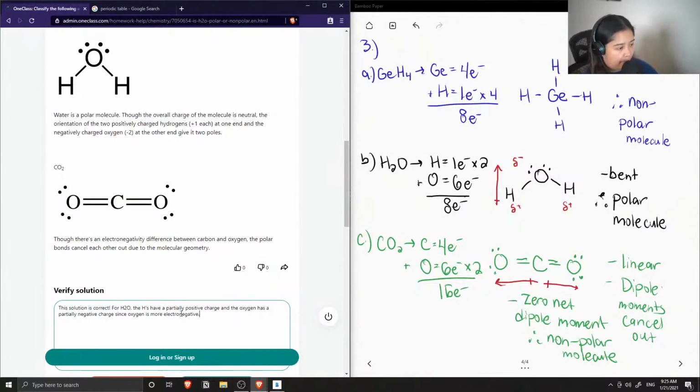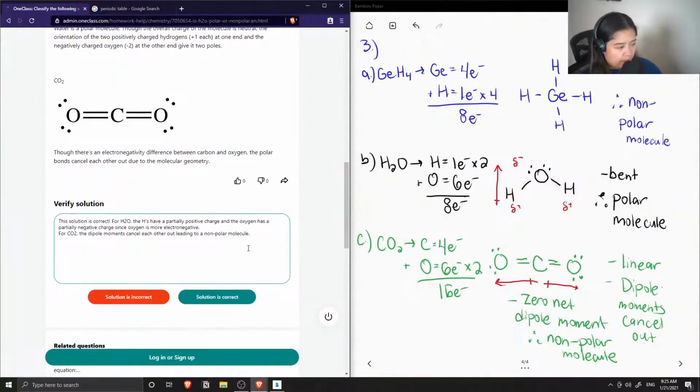And for CO2, the dipole moments cancel each other out. Okay, so the solution is still correct.